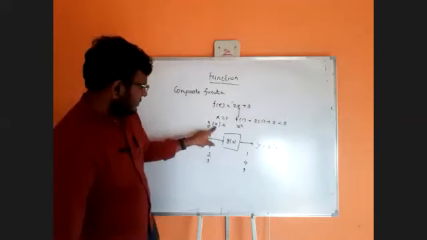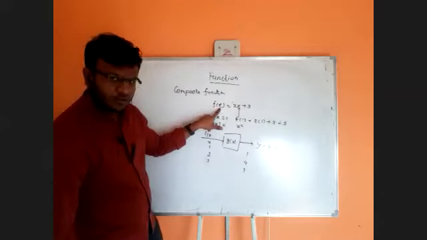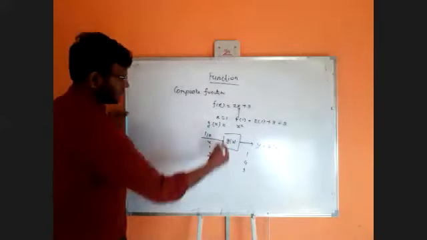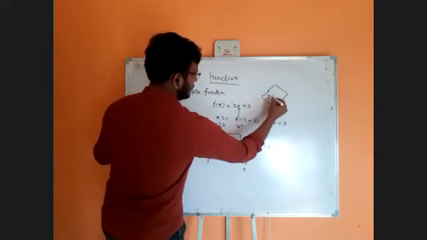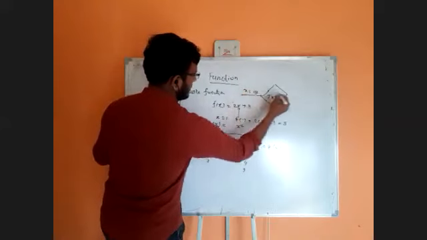Now what if this f(x), instead of x, starts accepting g(x) as an input? Here also this is one function, 2x + 3, and I was giving x as an input and getting some output.